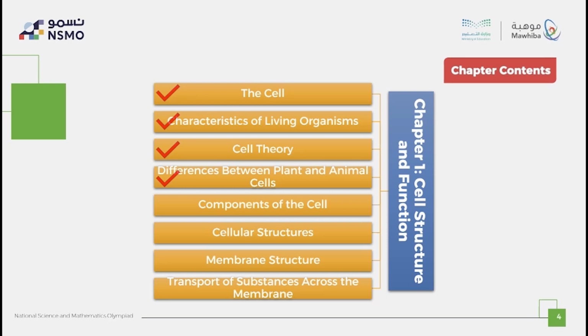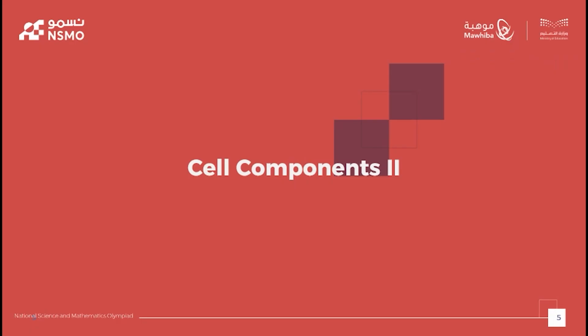So today we will focus on the internal components and the cellular structure, and be careful about what we will take today. We now begin lecture 4, which continues directly from the previous session. Today, we add new components and continue building the full picture of the cell.